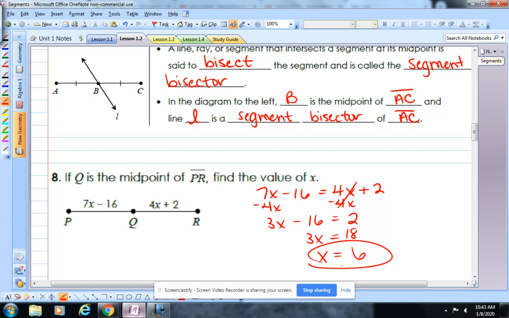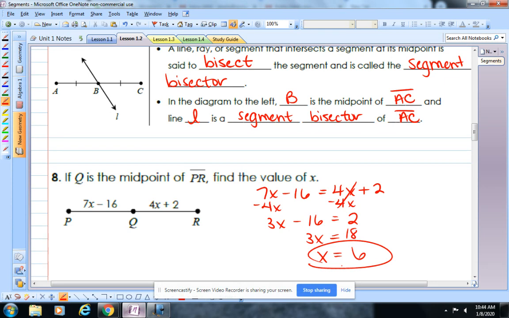Now, could I find the length of PR? Yeah, could I find the length of PQ? Yeah, and after I find PQ, QR better be the same thing, right? Okay, could I find the length of the whole thing, PR? How? Add them together, or you can do one and multiply it by 2. Yep. Let's just do it.